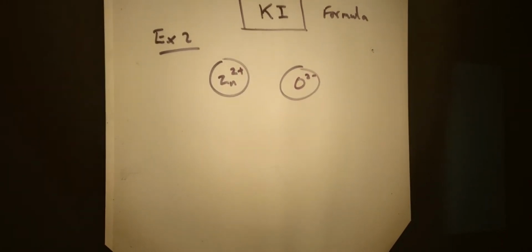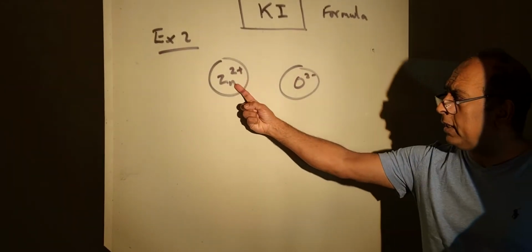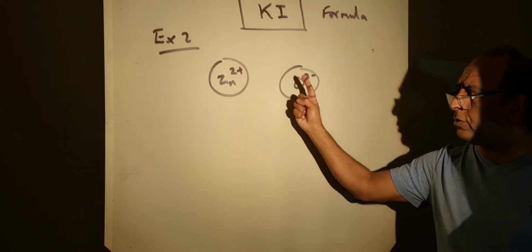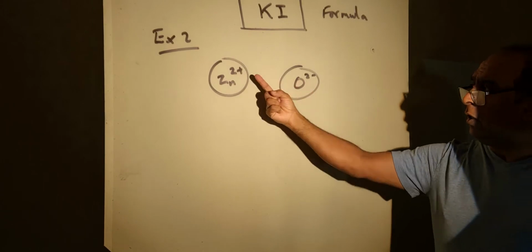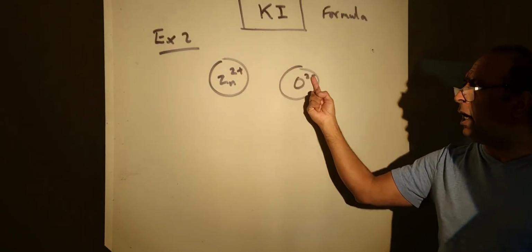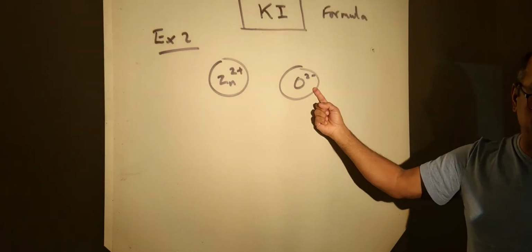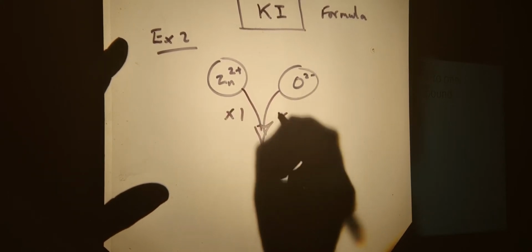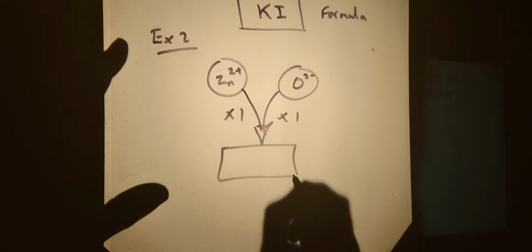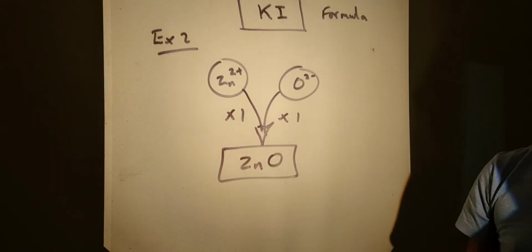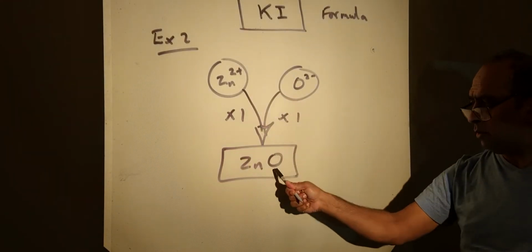Here, the zinc and oxygen ions are both doubly charged. Doubly positive is the zinc, doubly negative is the oxygen. So, when that and that come together, you need one of those for one of those. Again, it's a 1 to 1 ratio. So it would be ZnO, zinc oxide.